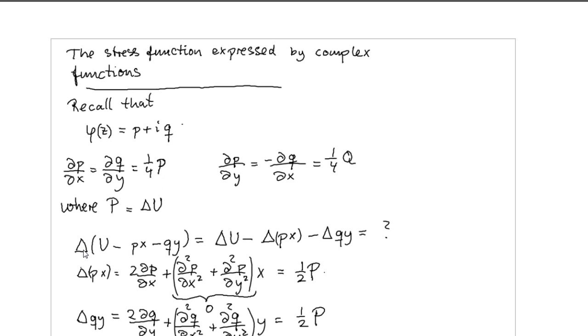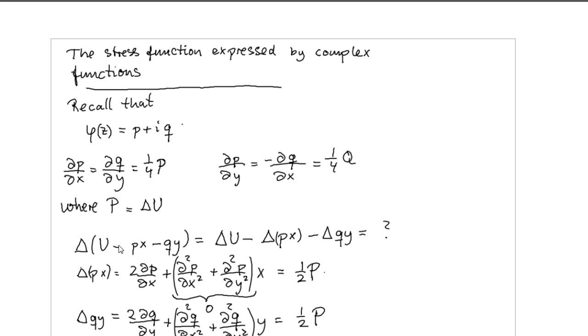Now let's take the Laplacian of the following function: U minus this function p, the harmonic function p, multiplied with x, minus q multiplied with y. It's not so easy for you to see why we are doing this, but it turns out to be very useful. So this will be the Laplacian.